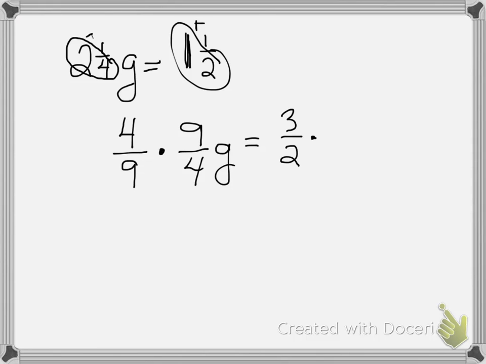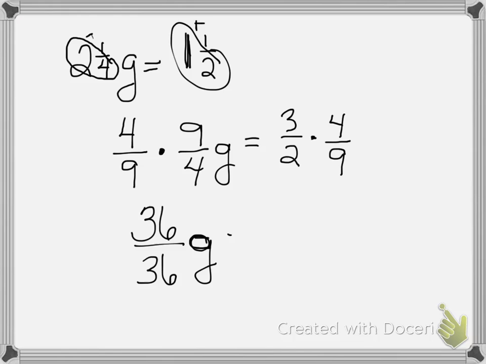Whatever I do on one side, I know I have to do to the other. So since I multiplied this side by 4 over 9, I have to multiply this side by 4 over 9. So what ends up happening, 4 times 9 is 36, 9 times 4 is 36, 36 over 36g is equal to 3 times 4, which is 12, 2 times 9, which is 18.